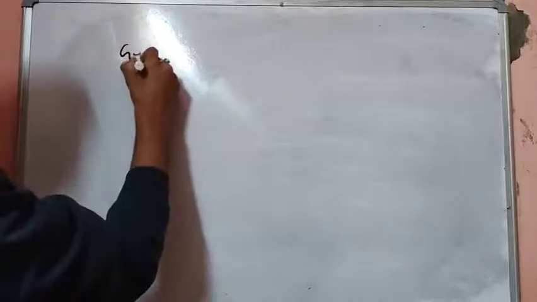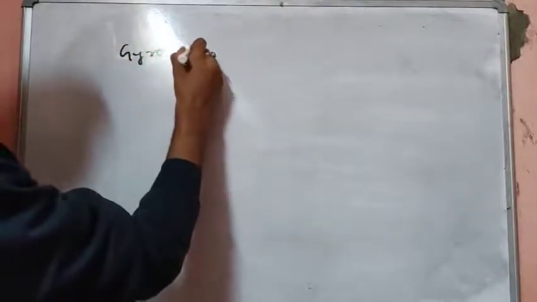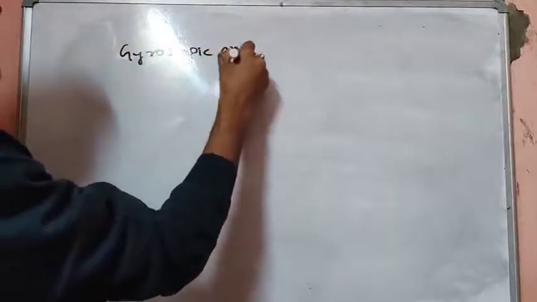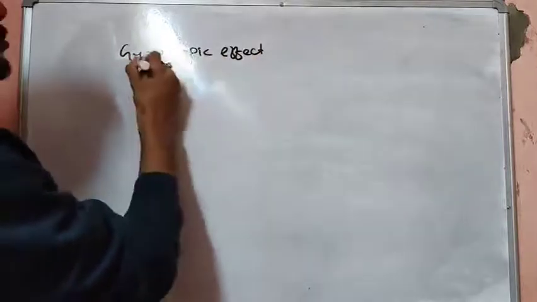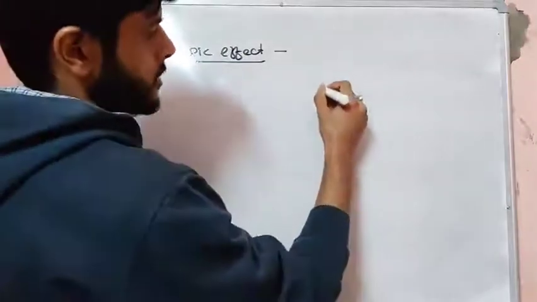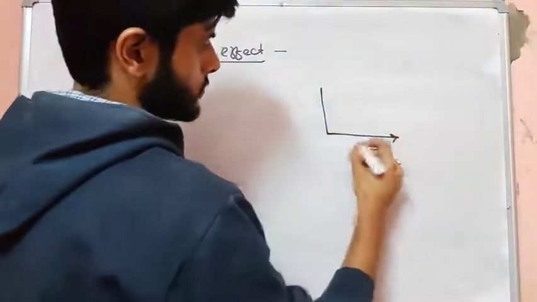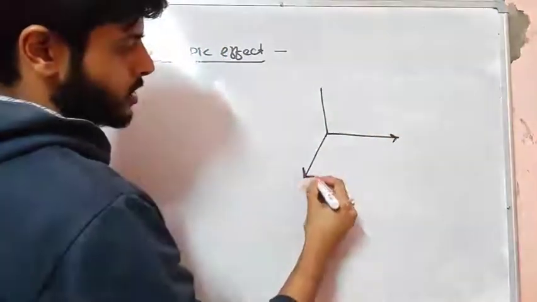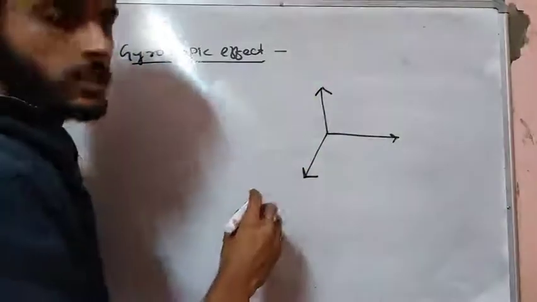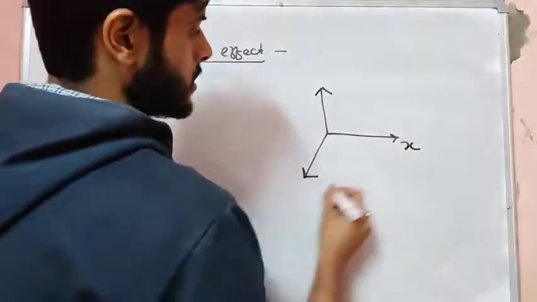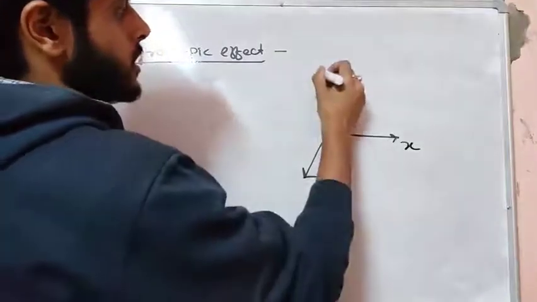So, gyroscopic effect. Let's consider a 3D coordinate system like this. This is x, this is our y, and this is our z axis.